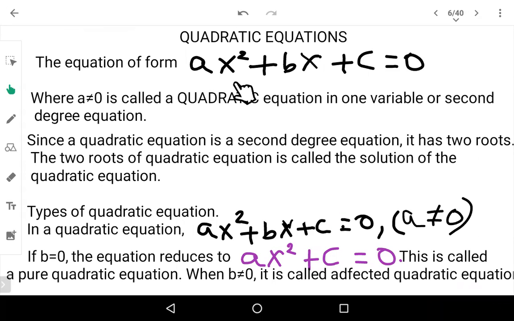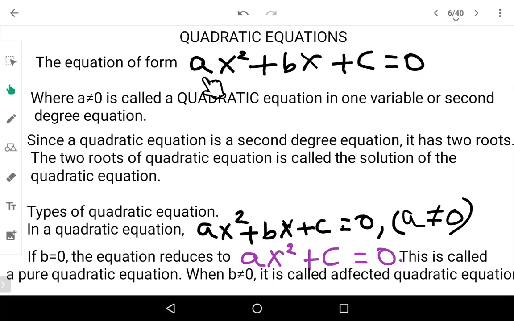Now in quadratic equation, the highest degree of the equation will be 2. In linear equation, the highest degree was 1, and in quadratic equation, the highest degree of equation will be 2. Okay. And one major condition that you'll have to understand is a should not be equal to 0. What is a here? The coefficient of x square, this should not be equal to 0.